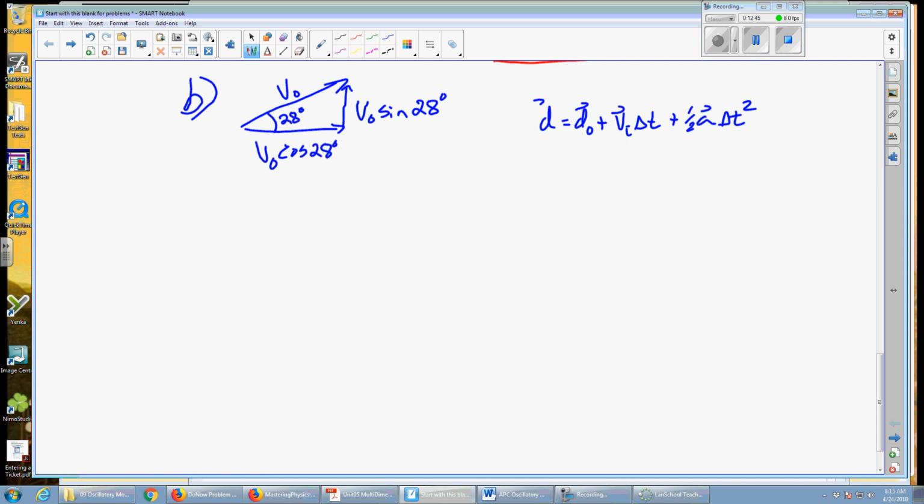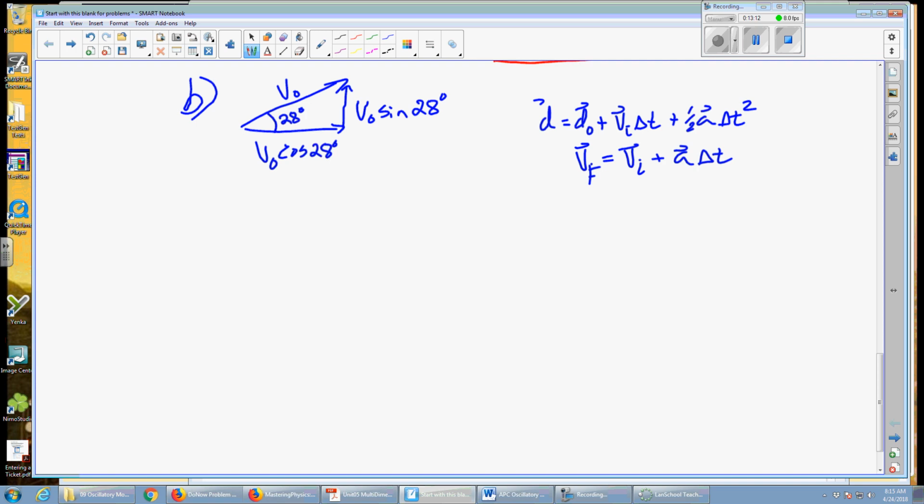And since it lands at the same height, I'll probably use the final velocity equation again too. Just thinking ahead.